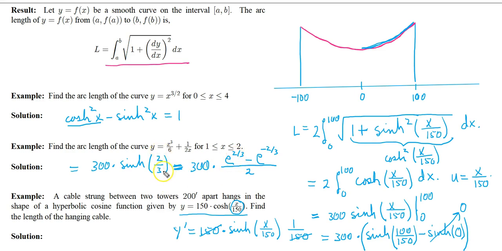So in this case, x is 2/3. So e to the 2/3 minus e to the negative 2/3 over 2. And then that is approximately 215.148 feet. And so that's how long this cable would be.